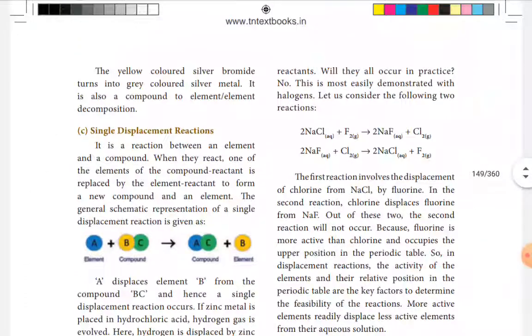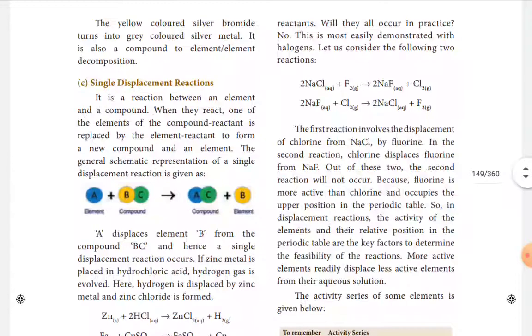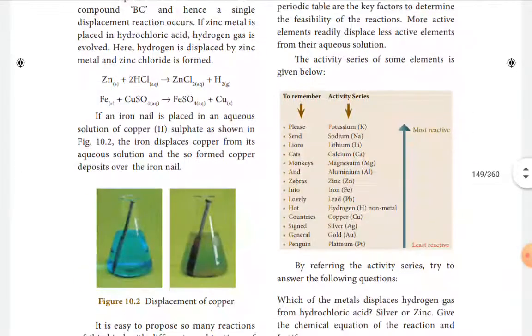Then single displacement: displacement of one of the elements of the compound reactant by the element reactant to form a new compound. That is called single displacement. Normally a highly reactive element displaces a less reactive element from its compound solution.